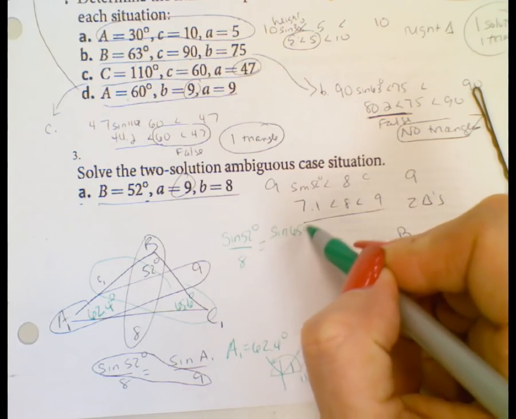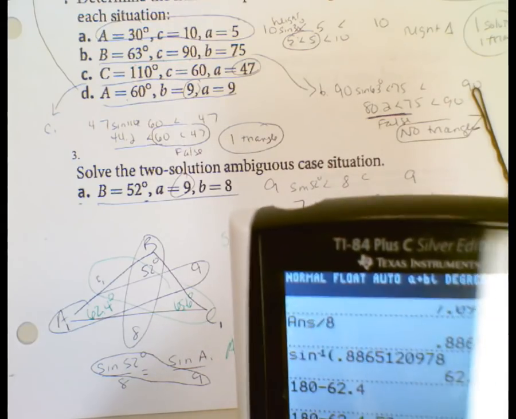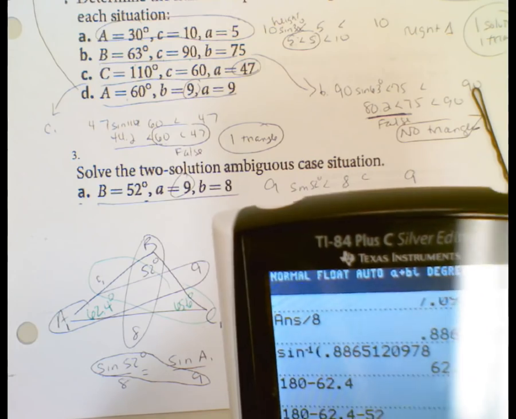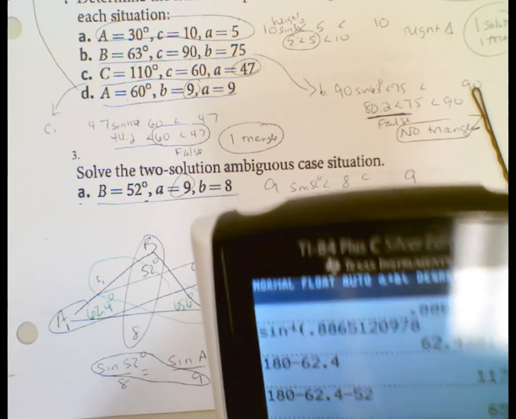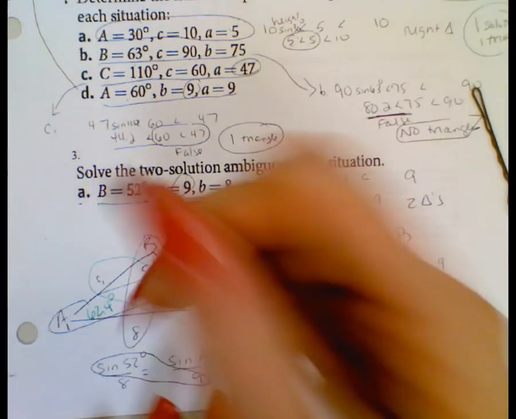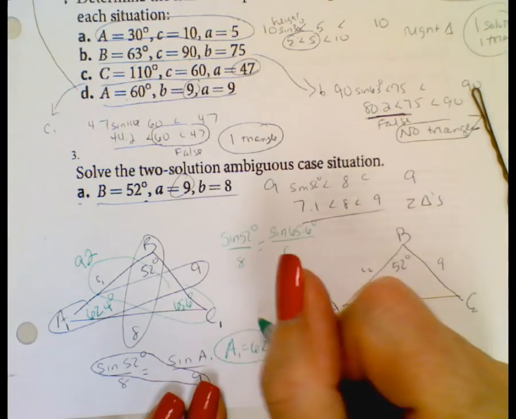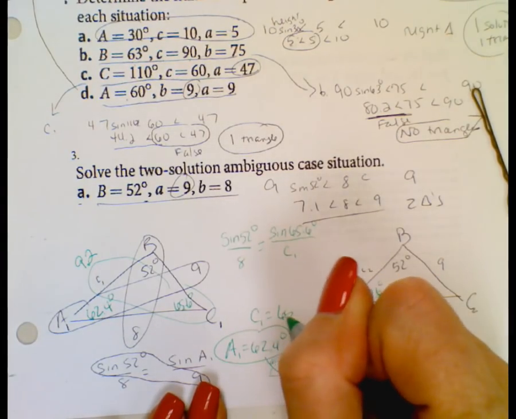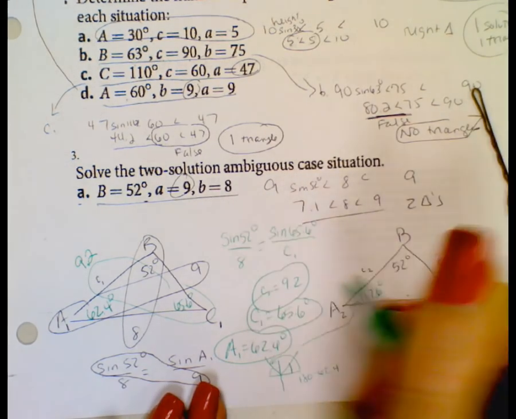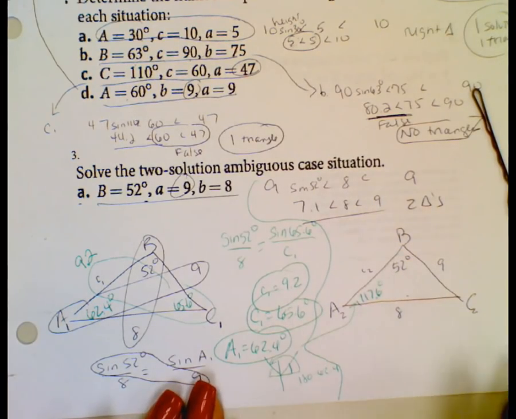Sine of 65.6 over C. So we have sine of 65.6, close your parentheses, times 8, divided by sine of 52, for 9.24. So this is 9.2. So A is 62.4, C1 is 65.6, and little c is 9.2. These are your 3 answers in this first triangle. So try to keep all this separate from the next one.